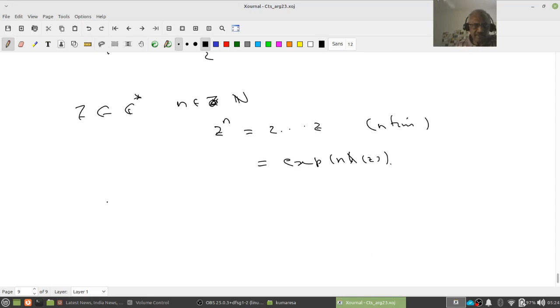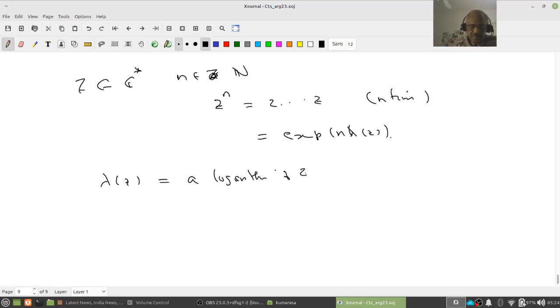You understand that? Where lambda z is some logarithm. I don't know which logarithm, let's not worry about it, because I do not know which z is going to be in, the slit plane. Okay, some logarithm, right?